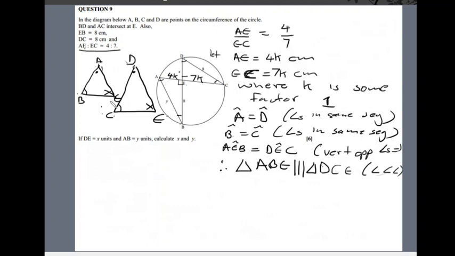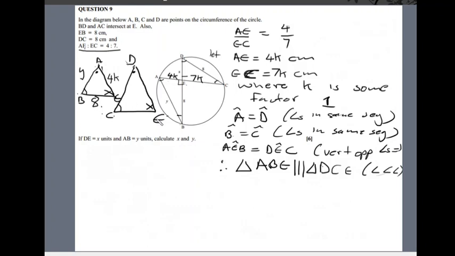So from this we can see what AB is: y, and BE is 8 centimeters, and AE is 4K centimeters.